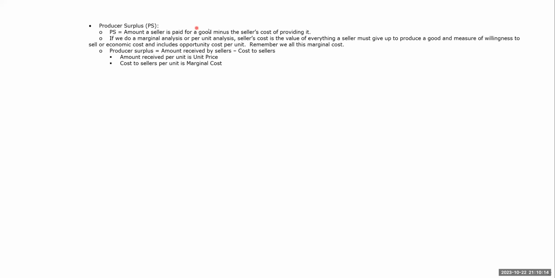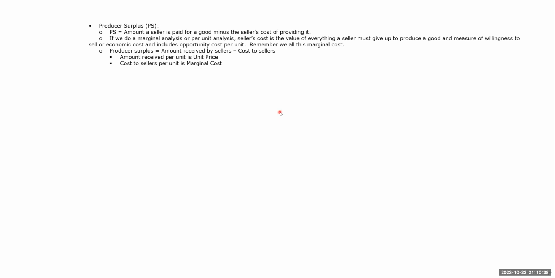Okay, the amount a seller is paid for something. Well, that's just the price. That's easy. The amount seller receives is easy. The seller's cost. Okay, so what are we going to use for the seller's cost? What we are going to use is the seller's supply curve. Why?